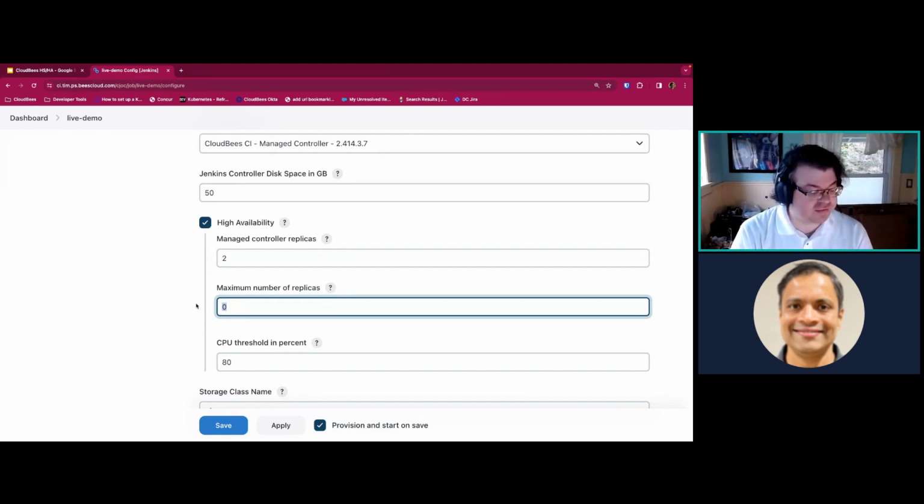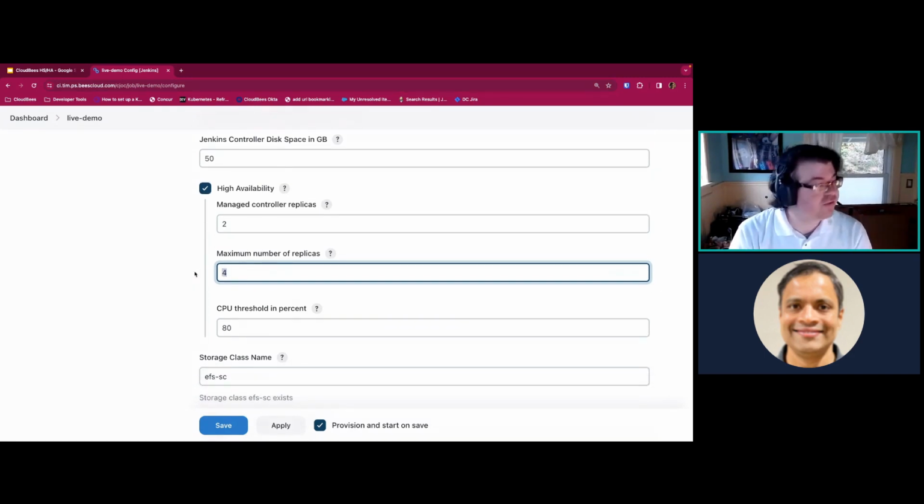So if you were to say this is 4 and you were to hit an average CPU threshold on all of your existing replicas, it will spin up replicas to help alleviate that stress, up to the maximum number over time. For example, if we said 4, and our 2 existing replicas hit an 80% CPU threshold, it would create another replica to help alleviate some of that stress.